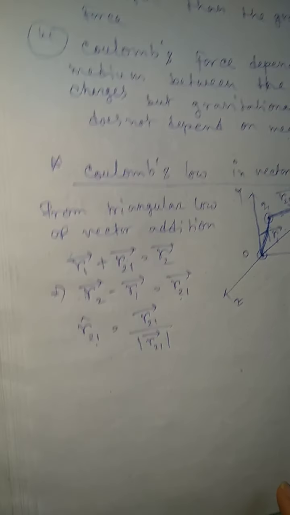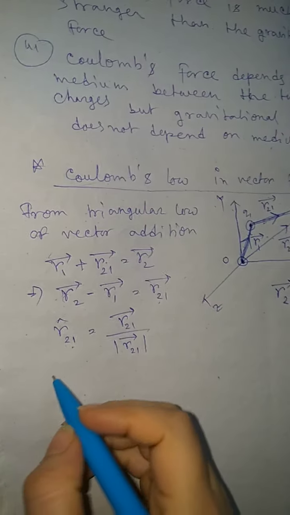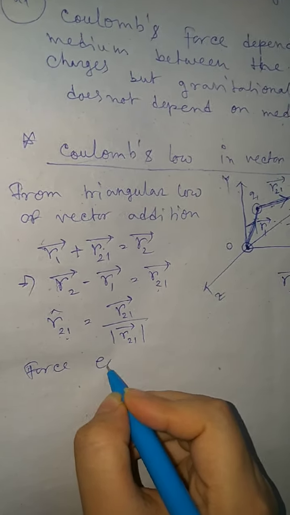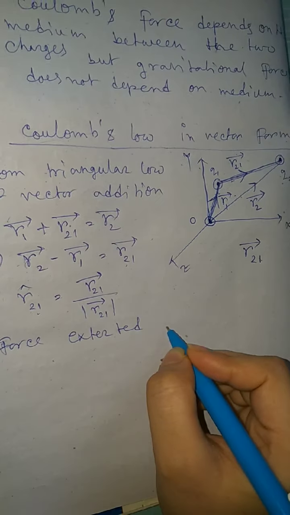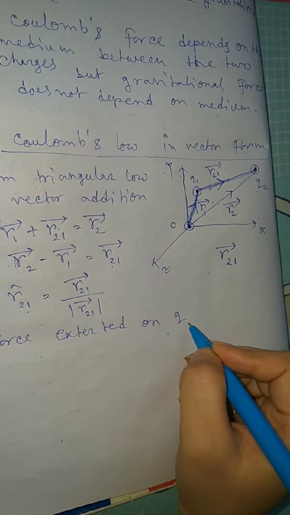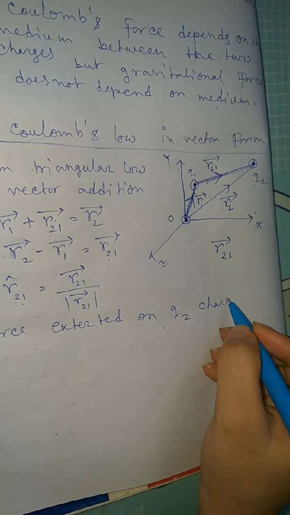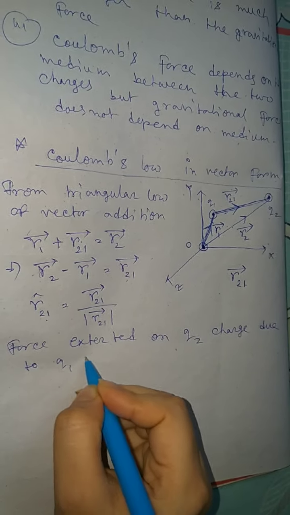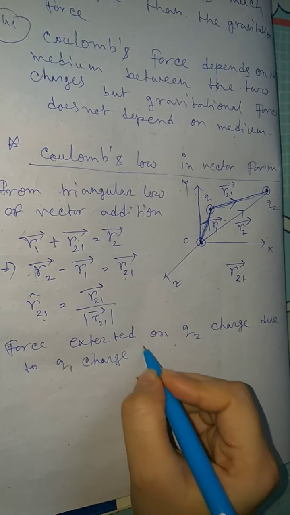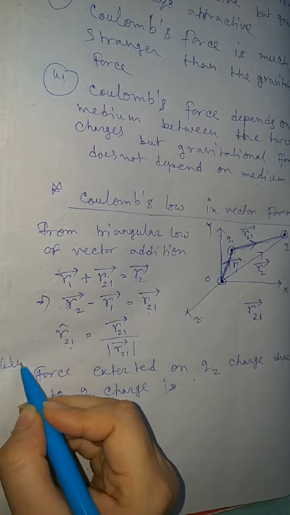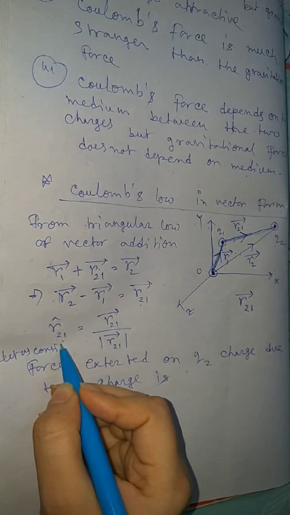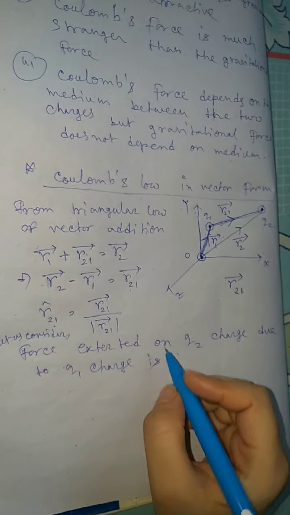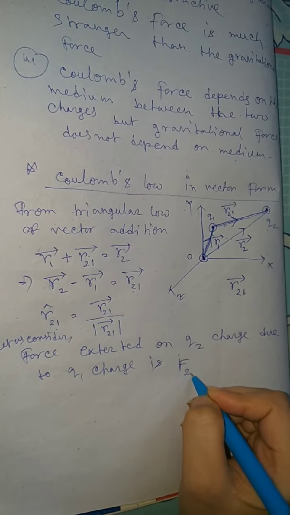Clear? So let us consider force exerted on Q2 charge due to Q1 charge is F21.